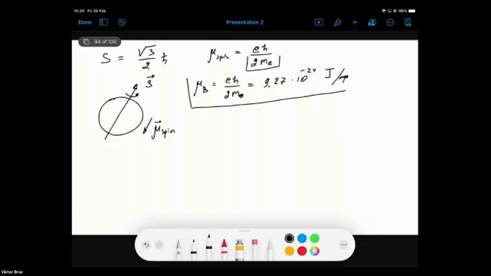So now, when we define the main contributions to the magnetic features of atoms and thus matter, we understand that the magnetic properties of the atom will be defined by the vector sum of magnetic moments originated from orbital and spin motion of electrons, and it depends how they are compensated or not compensated in a particular atom.